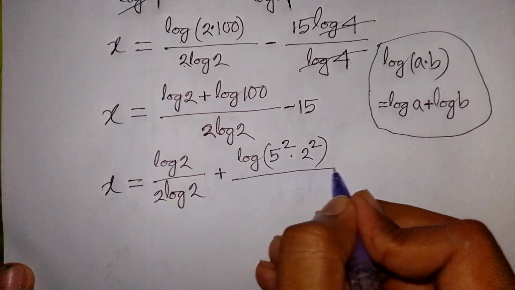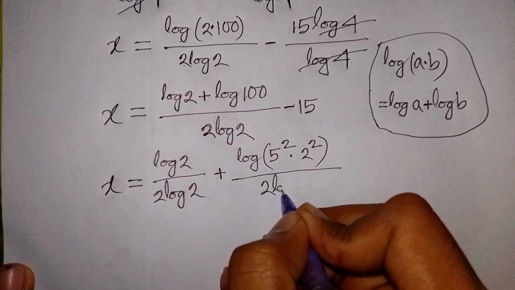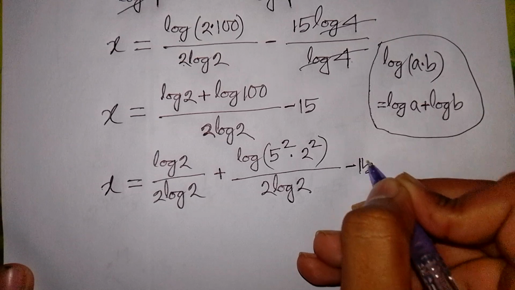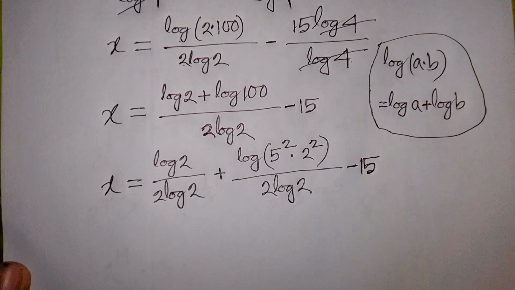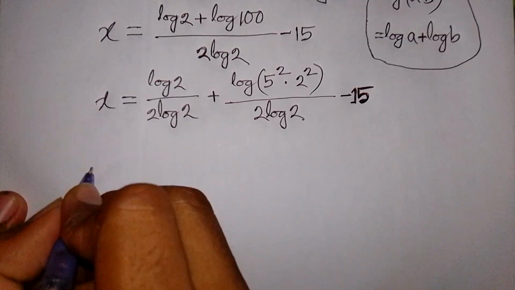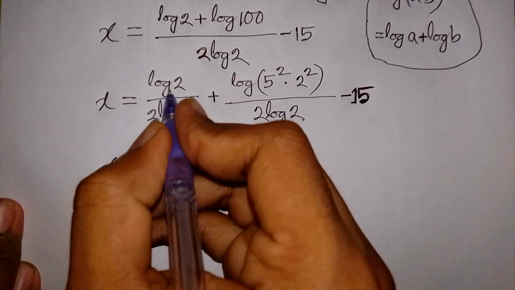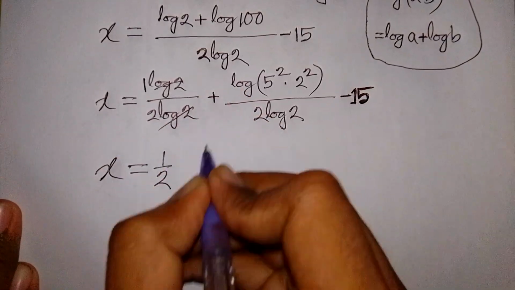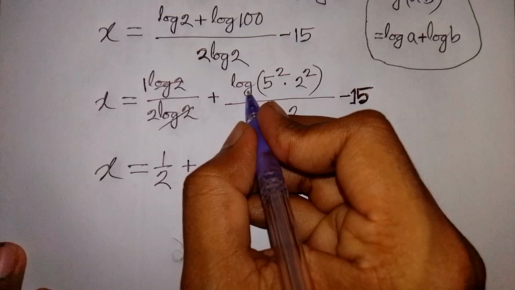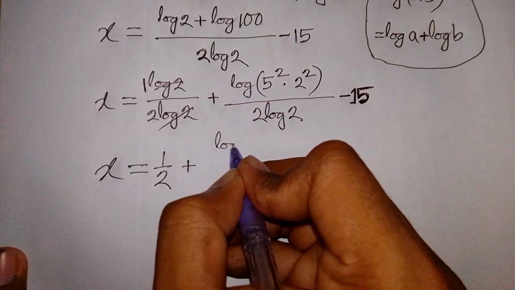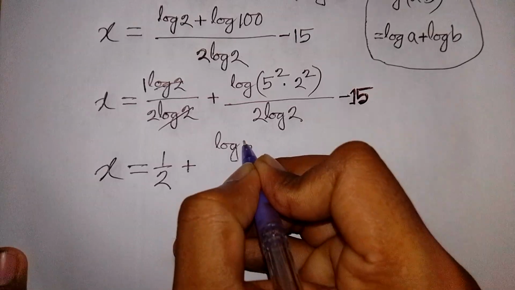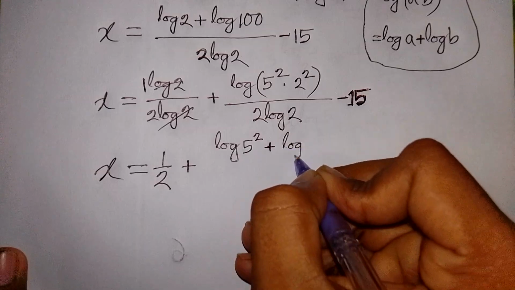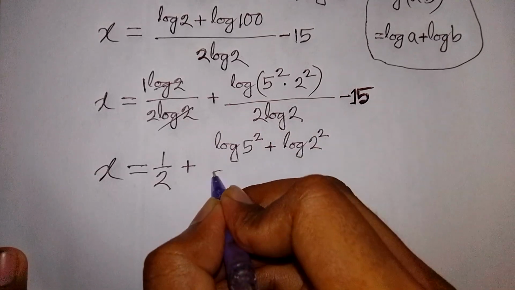Then over 2 log 2, then here minus 15. In the next step, x will be equal to, this log 2 will be cancelled. So here 1 over 2, then plus log 5 square plus log 2 square over 2 log 2.